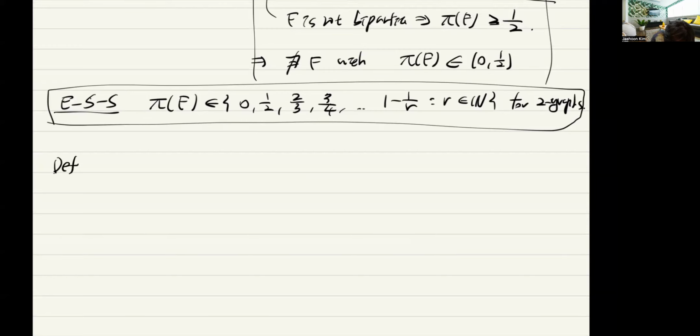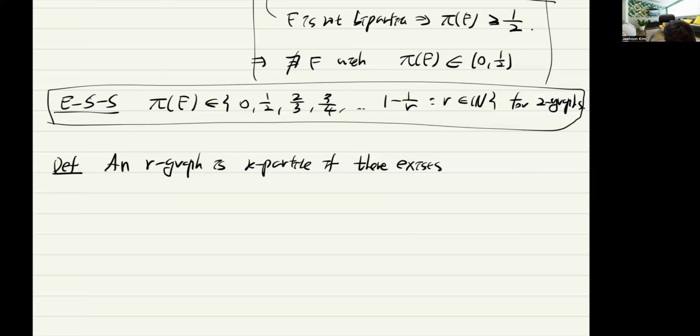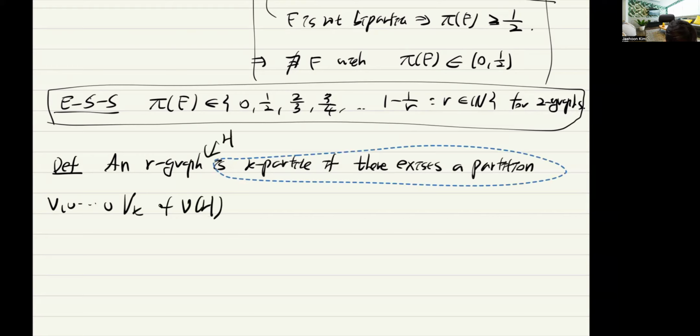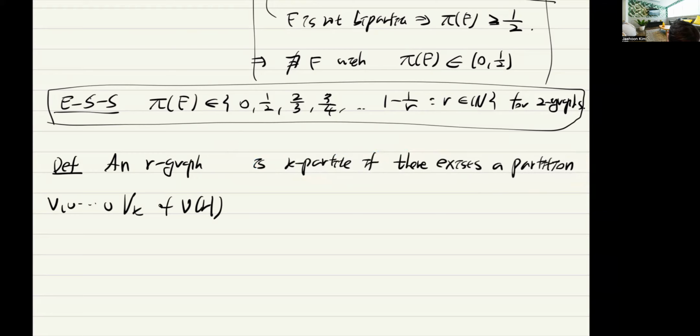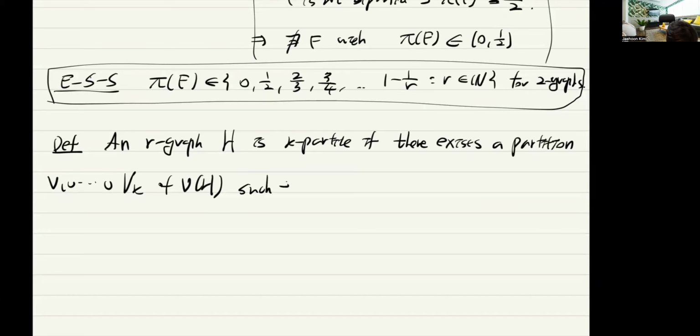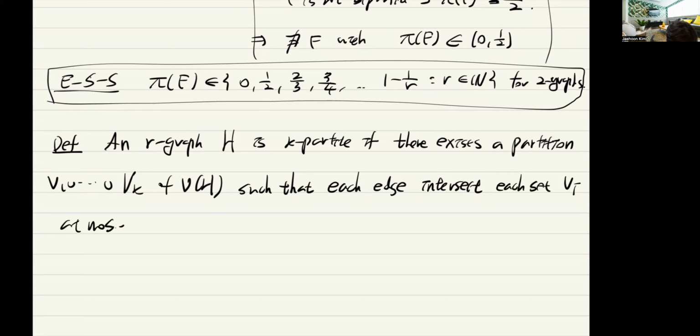For hypergraphs, let's say that an r-uniform hypergraph is k-partite if there exists a partition P1 to Pk of the vertex set of the hypergraph, let's say the hypergraph is H, such that each edge intersects each set Pi at most once.